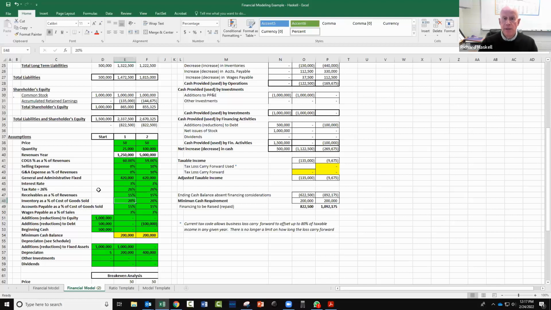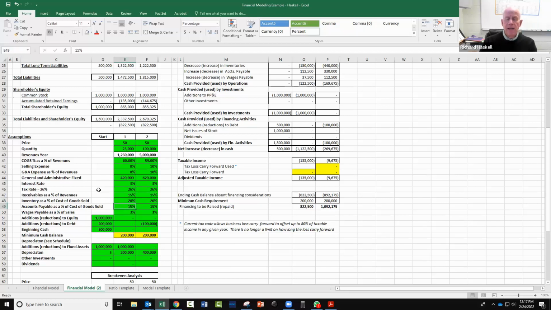Depending upon the industry you're in, you may need to have a much smaller percentage of inventory because your inventory may be consumable or perishable. But in other industries, you might have a year's worth of inventory on hand at any point in time. Depends on what you're manufacturing. So these numbers have to be critically considered.